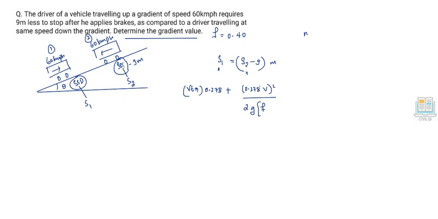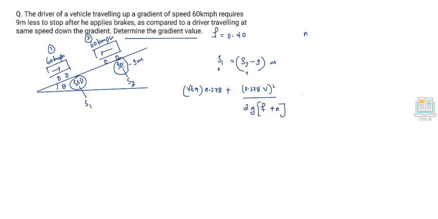And this is the value of S1, which is traveling up the gradient. When it is traveling up the gradient, the gradient opposes the motion of the vehicle so that the speed is reduced, and the stopping sight distance required for the vehicle traveling up the gradient is lower than that of the vehicle traveling down the gradient.